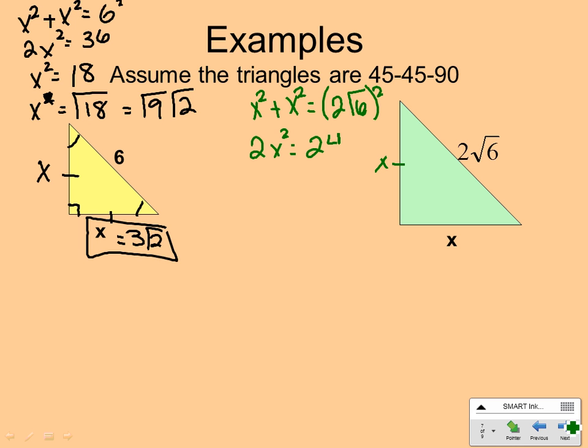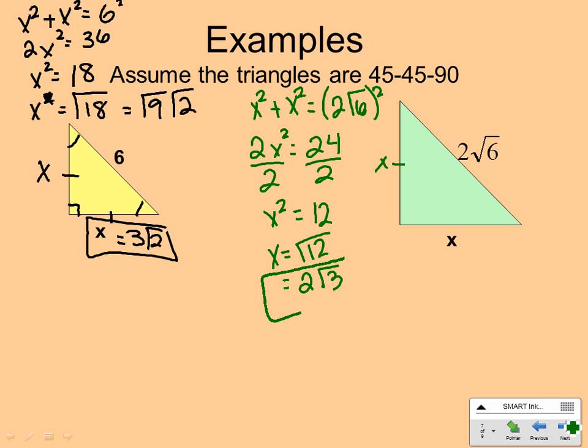I actually had that. I had 24. Gotcha. Divide everything in half. Half of 24 is 12. X is equal to 2 times radical 3, right? Because you can take out a perfect square of 4.